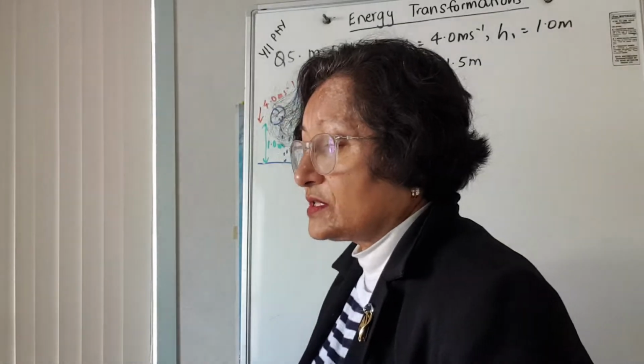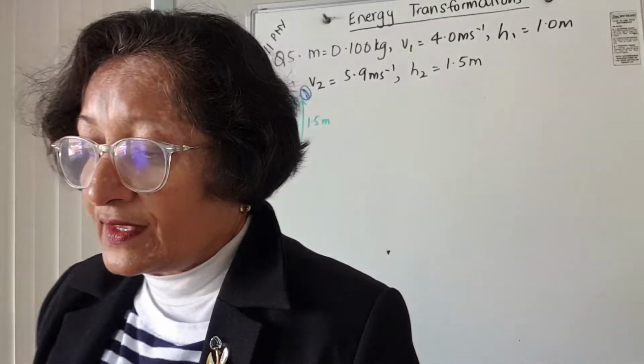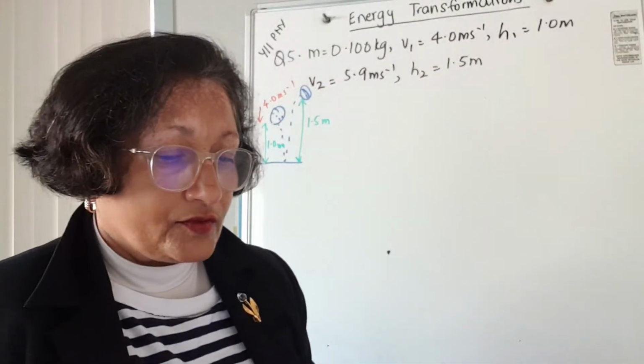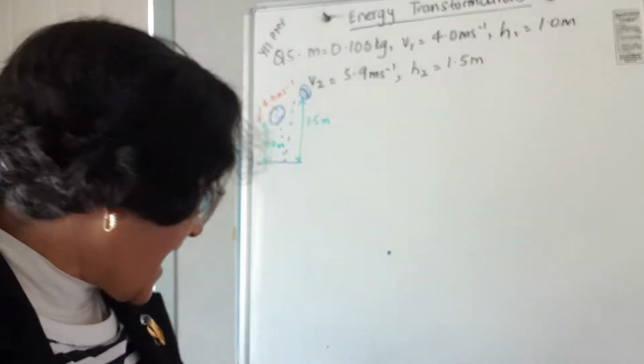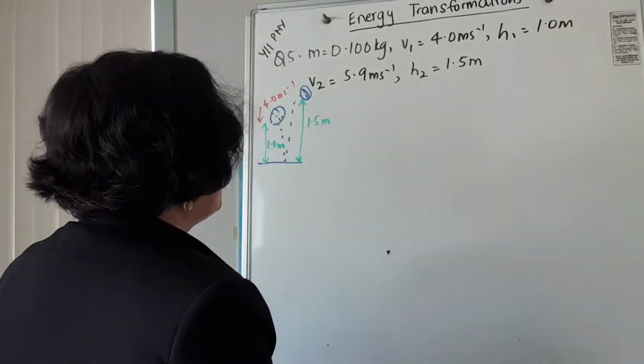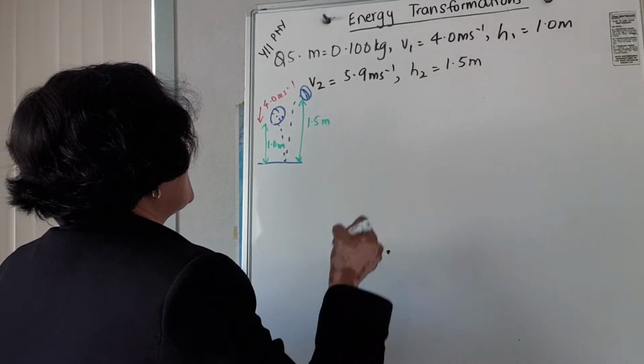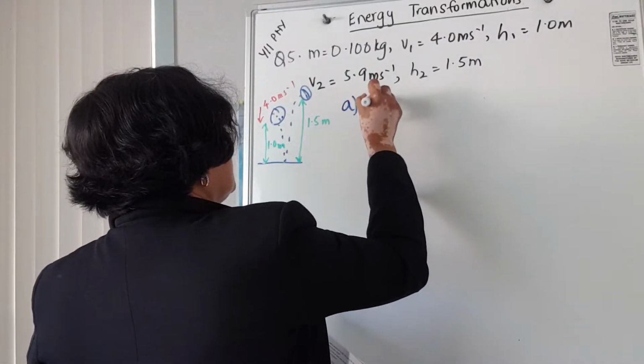So working through this question, A: calculate the kinetic energy of the ball as it leaves the girl's hand. Kinetic energy is half mv squared.